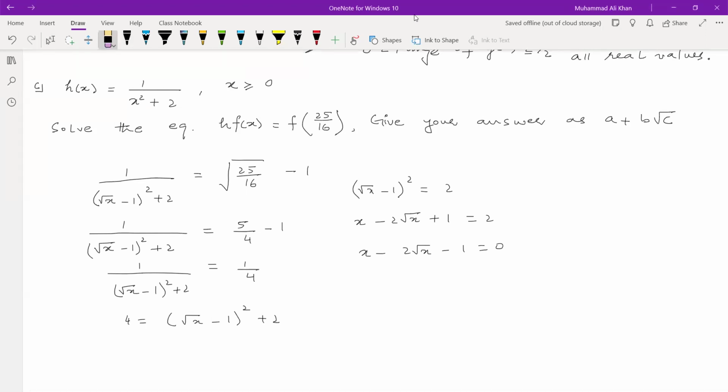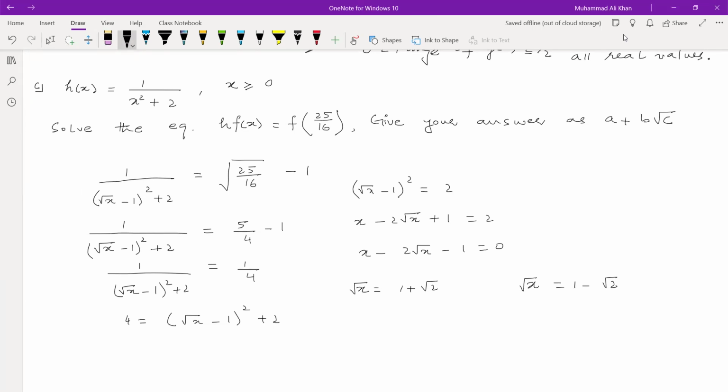So according to this, the values are 1 plus under root 2 and 1 minus under root 2, and these are not x. These are the values of under root x, because when we solve any quadratic equation, at the end we find the values of small x.